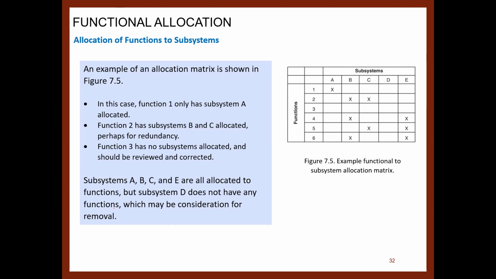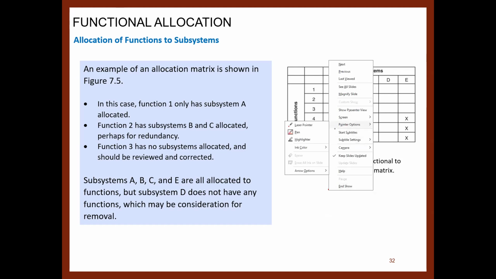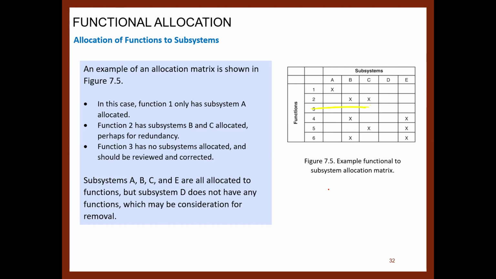So in this case, function 1 only has subsystem A allocated. Function 2 has subsystems B and C allocated, perhaps for redundancy. Function 3 has no subsystem allocated and should be reviewed and corrected, right? That's not good, right? You want to make sure that you have at least one subsystem addressing that function. So let's see. This is not good.